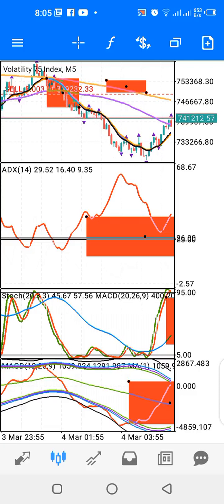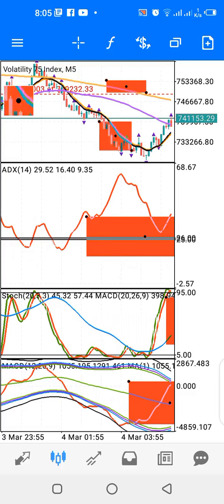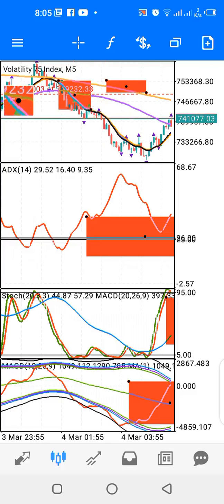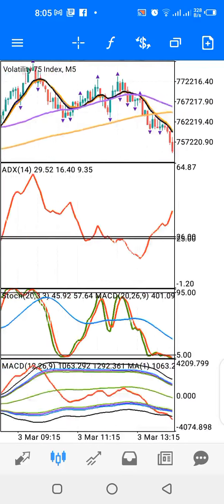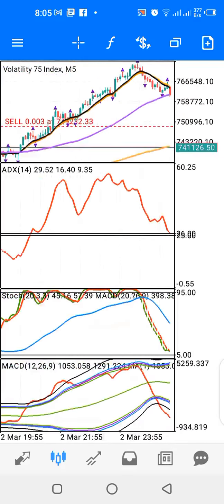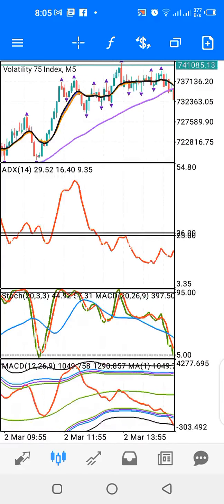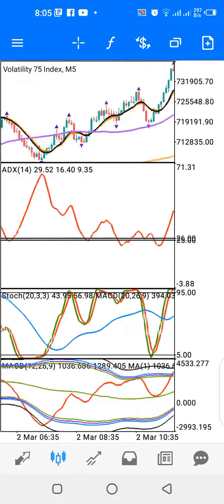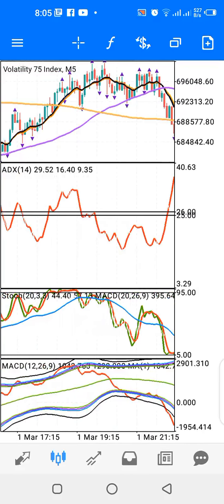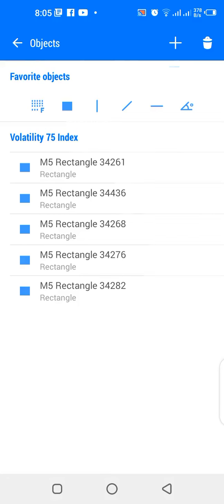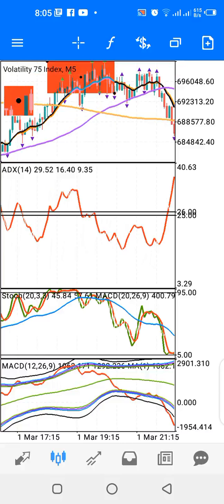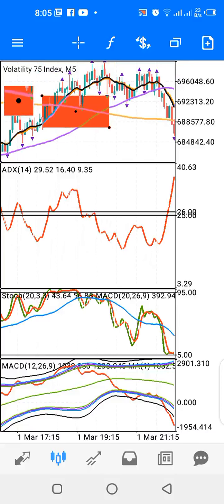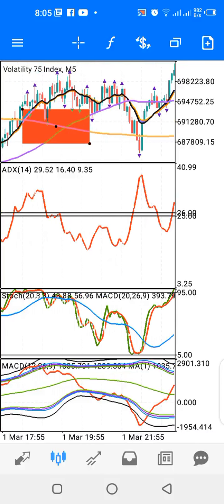But the reverse is the case for a bullish trend. We expect everything to be above the orange moving average, the 200 moving average. Let's look, for instance, where we have a bullish trend. We have the development of a bullish trend somewhere around here, where price is above all moving averages, and we can see what happened.